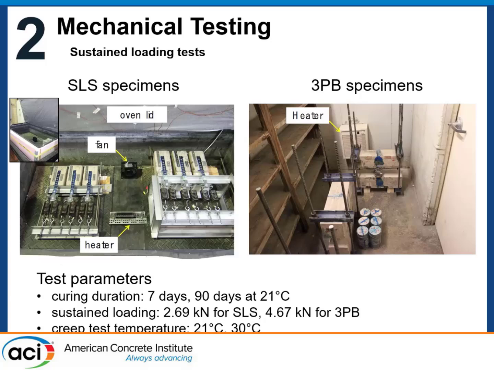For the 3-point bending specimens, that was about 30% of the ultimate failure. We had some temperatures that were also imposed during the sustained loading regime, and a period of time: how long between a short term of sustained loading and a long term of sustained loading, and what happens with that.